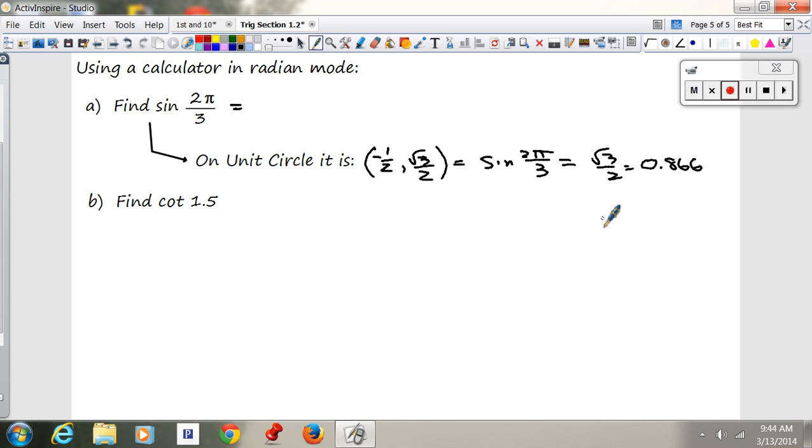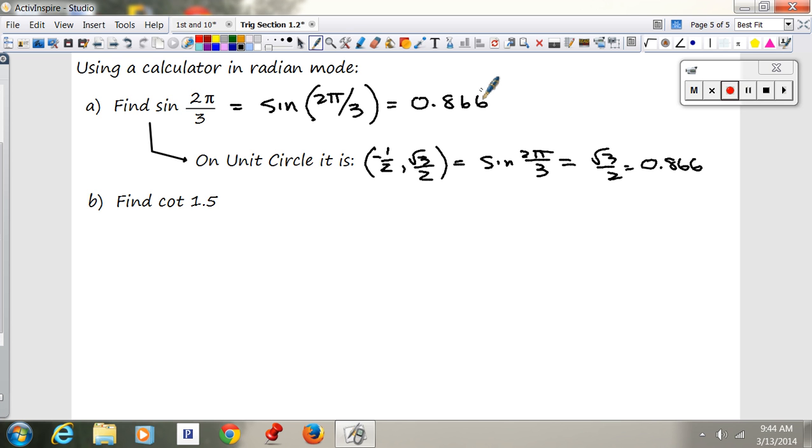Now in your calculator, put sine, parentheses, you're going to put the 2 pi slash 3 all in parentheses, and see if you get the 0.866 to come out on your calculator. Did it work? Yes, it works. If you put it in radian mode, you don't technically have to go into your unit circle. You could use your calculators and get the decimals. The decimals will come out right away.